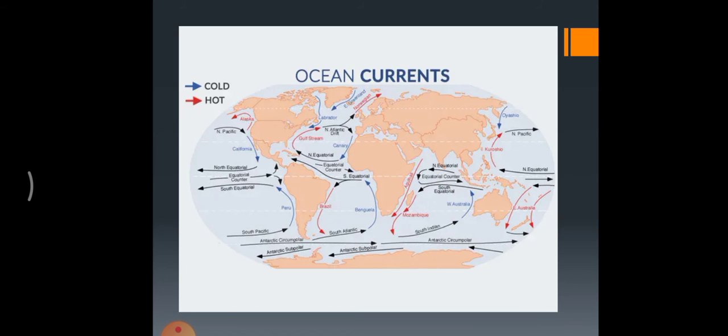Next, here is a picture of ocean currents. This is a map of ocean currents. Both cold and hot ocean currents are represented in it.